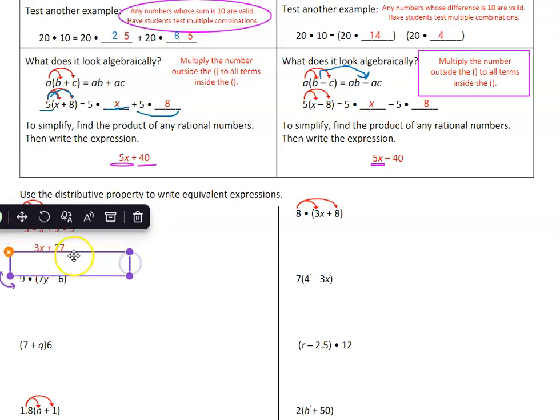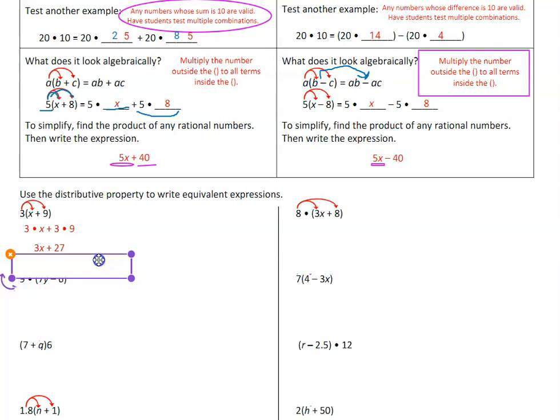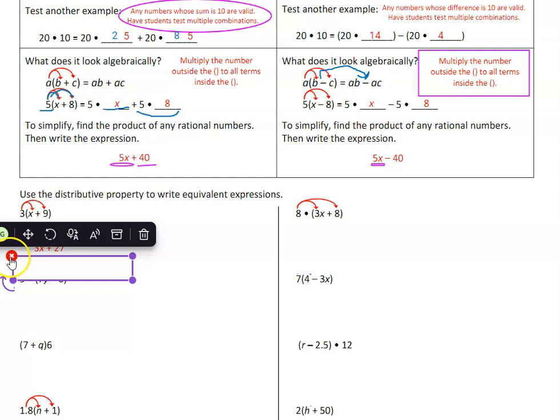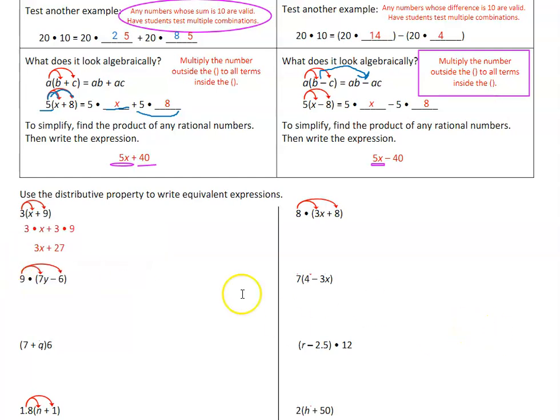We do not know what the 3 times x is, so we simply take the dot out and write it as a coefficient and variable, so the 3x. And then we do know that 9 times 3 is 27. So you are going to have a simplified expression of 3x plus 27. That is your answer. That's as small as it can get.